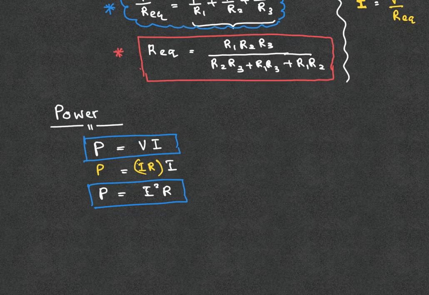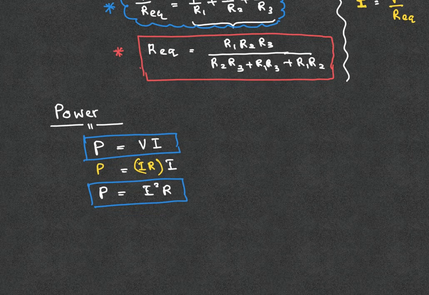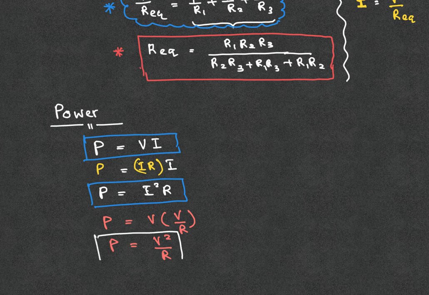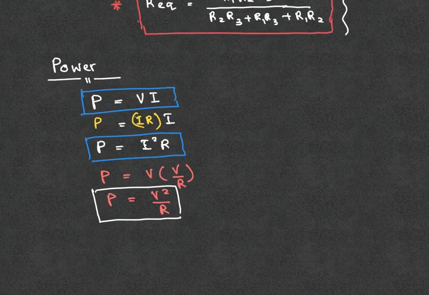And if you replace I by V over R, then you get P equals V times V over R, so P equals V square over R. That is again another way of writing power. So the power equation also was used in the circuit.